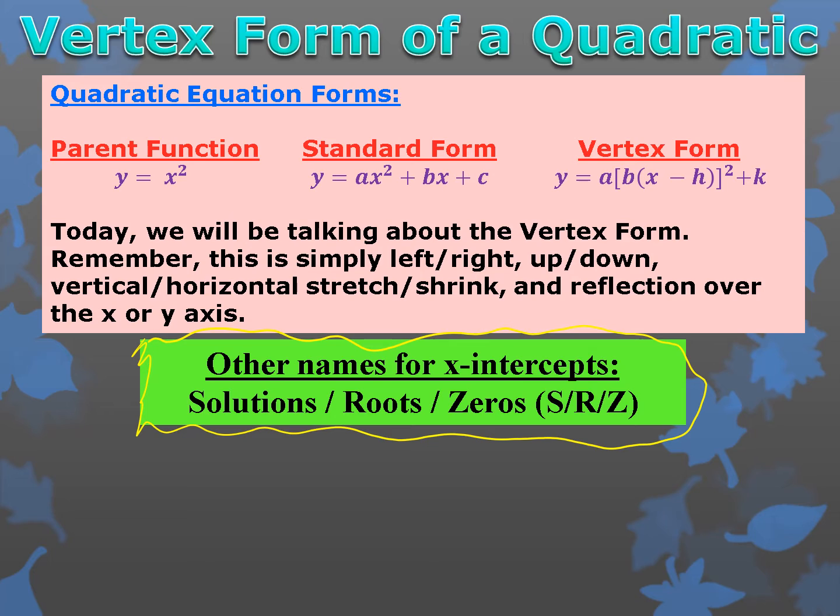Those are going to be referred to in shorthand notation as SRZs because essentially they are the same thing. SRZs, solutions, roots, zeros, are the same thing as x-intercepts. So just know when you hear that, we're really talking about x-intercepts. We're talking about where our graph crosses the x-axis.